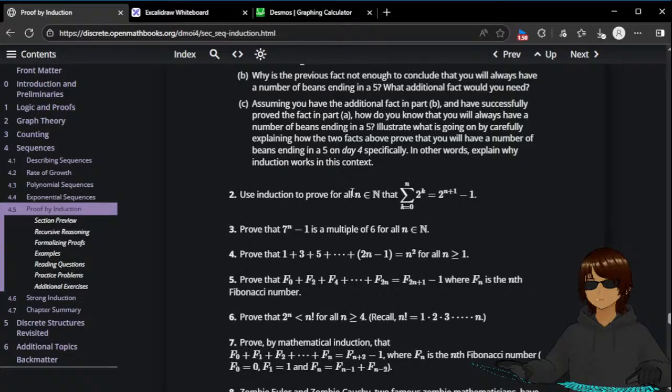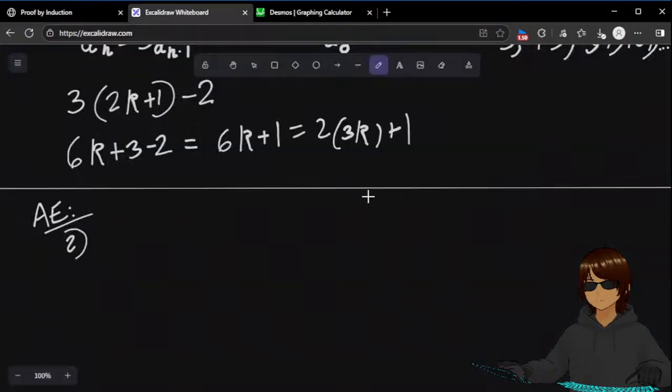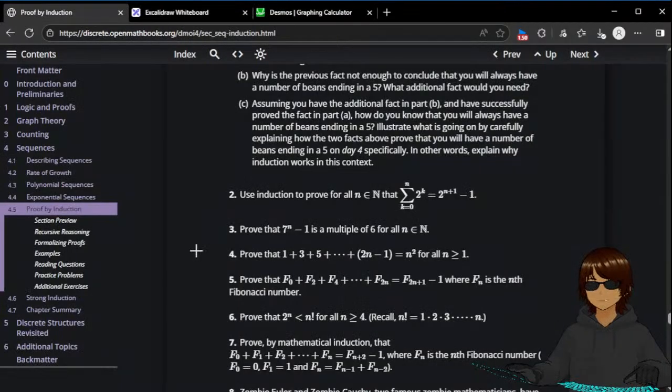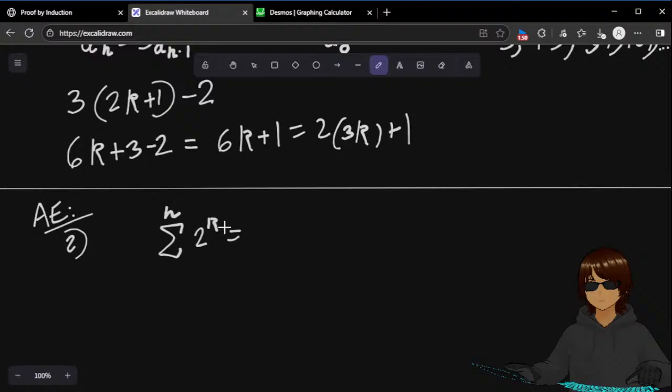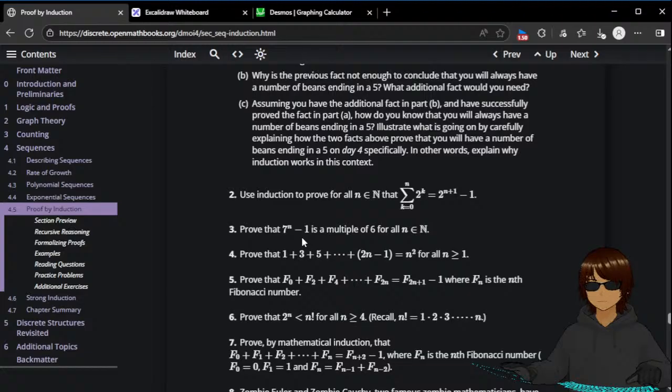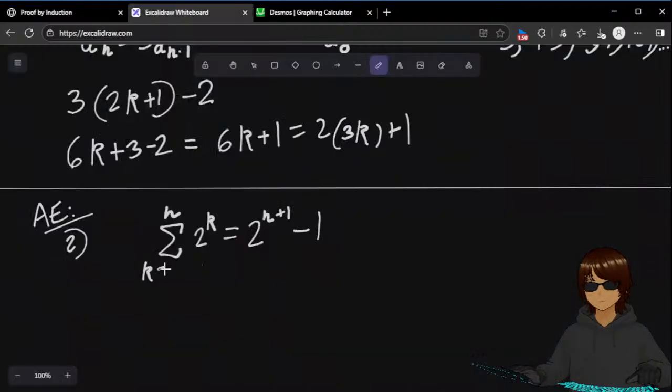Use induction to prove for all n, which is an element of natural numbers, that the sum of 2 to the power of k, from k equal to 0 to n, equals 2 to the power of n plus 1, minus 1.